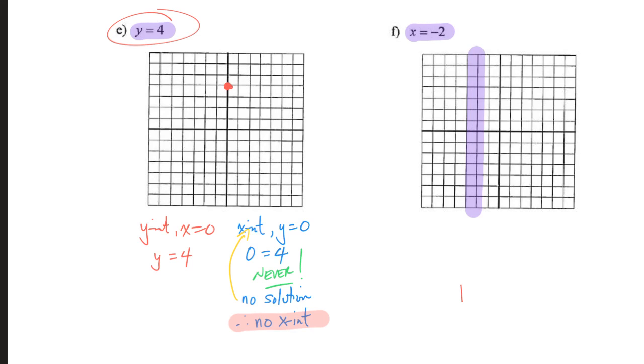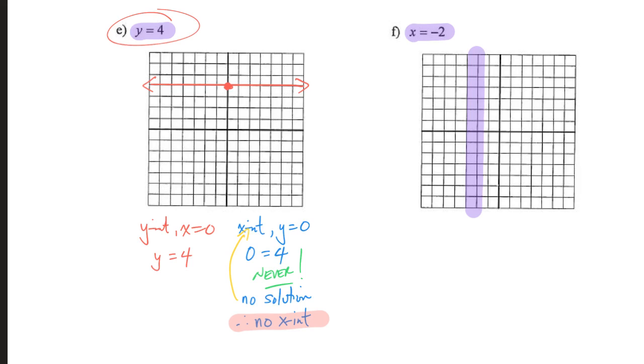So I need to draw a line that goes through that red point that will never cross the x-axis. That means it has to be a horizontal line. And so we come in on what we already knew. We already knew that y equals a constant gave us a horizontal line. We can just see that now in how it shows itself when finding intercepts.